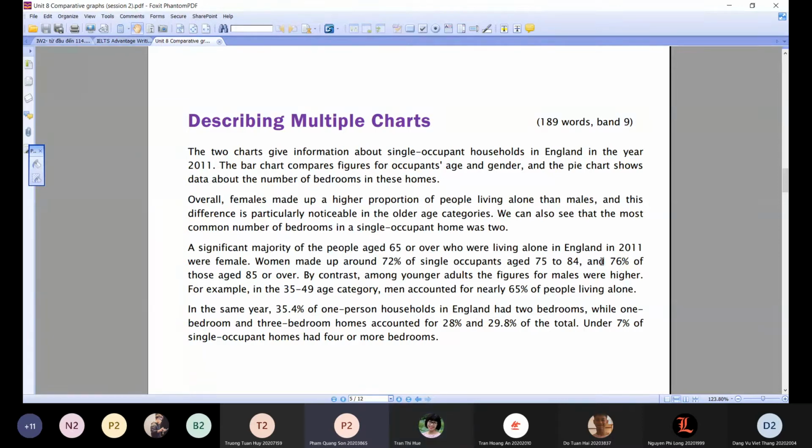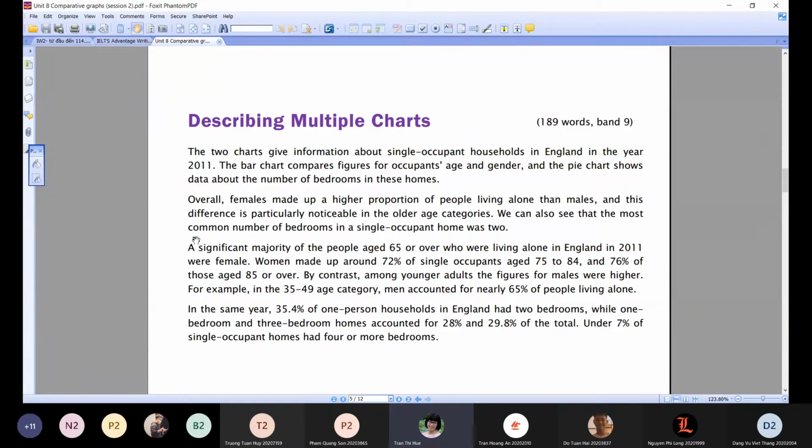The first sentence is about the first chart, and the second sentence is about the second chart. Okay, good. So we see 2 sentences for the overview. The first sentence is about the first chart, and the second sentence is about the pie chart.